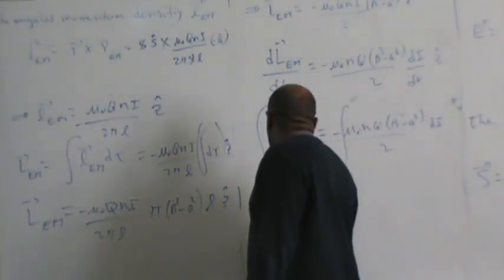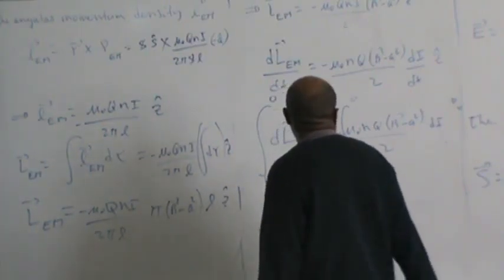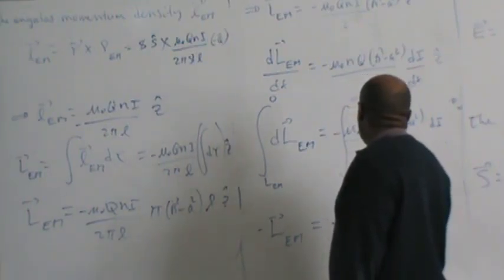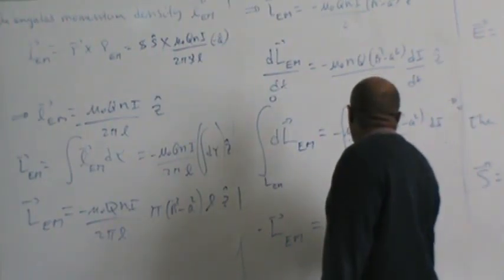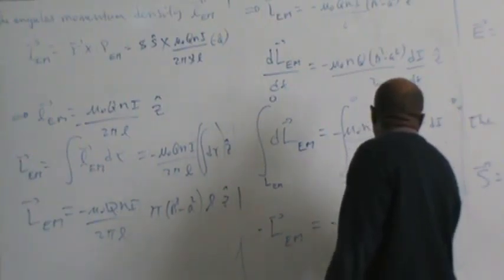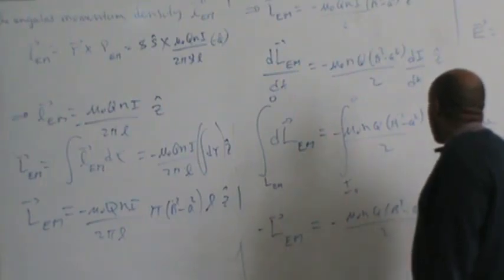So this would give you L_EM that's going to be minus mu naught N Q (R squared minus a squared) over 2 times I naught and dI.